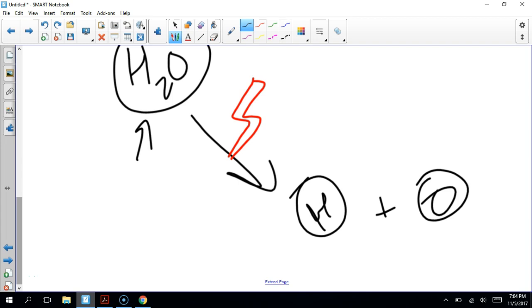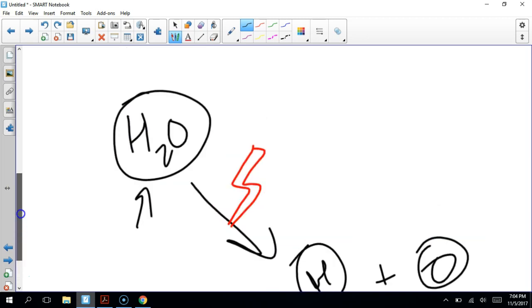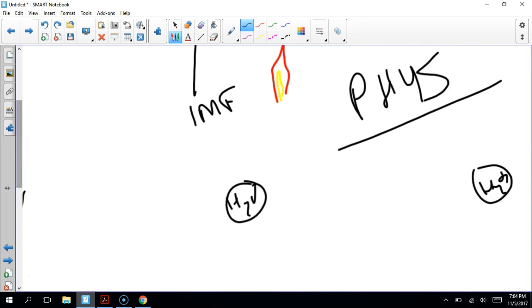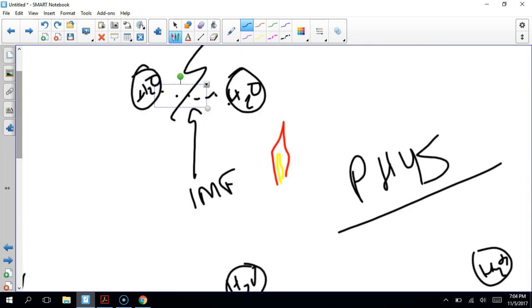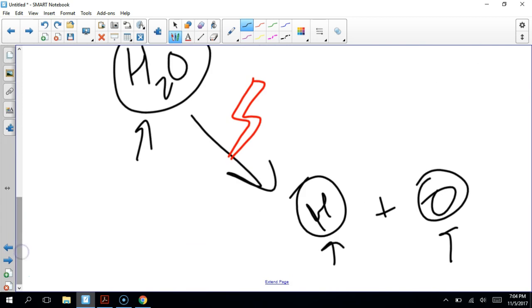So the chemical change is here, right? A chemical change is here, where we have the bonds breaking, and a physical change is just the forces hanging out.